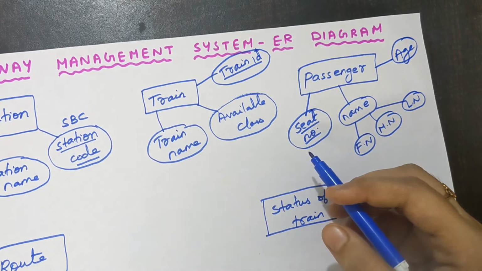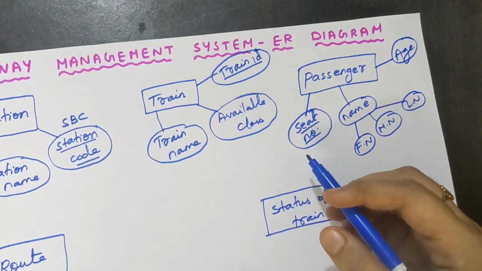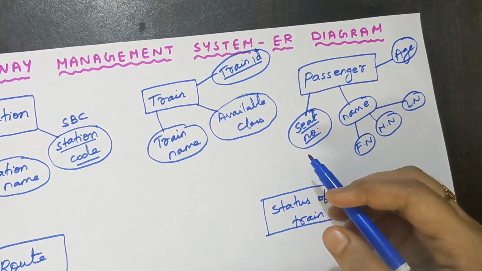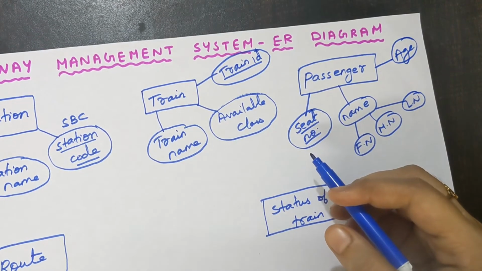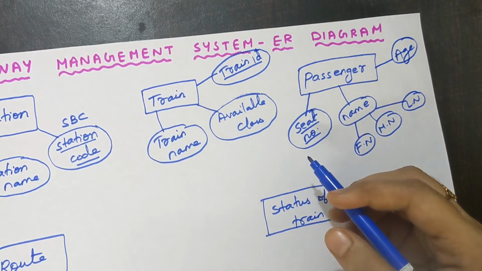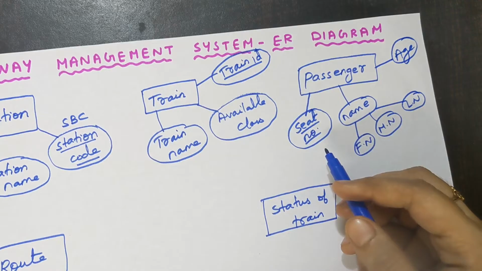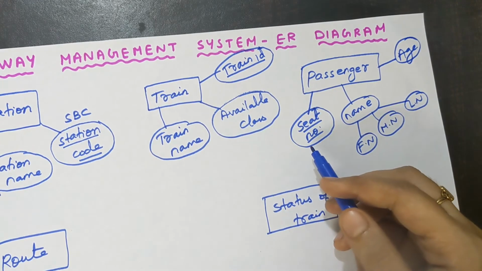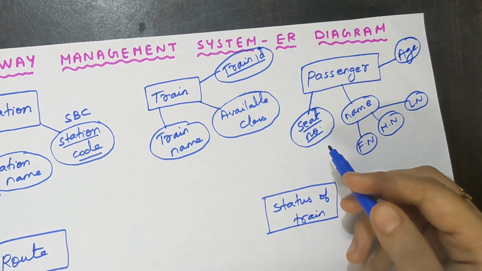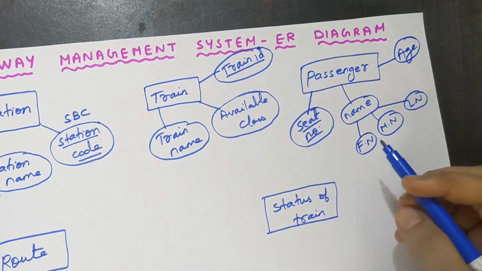If my seat number is 32, no other person will have 32 as a seat number if they are traveling from the same place and their destination is also the same. So seat number is unique. That is the reason why I have underlined it. It is a primary key.